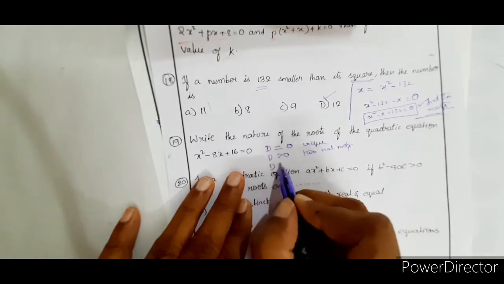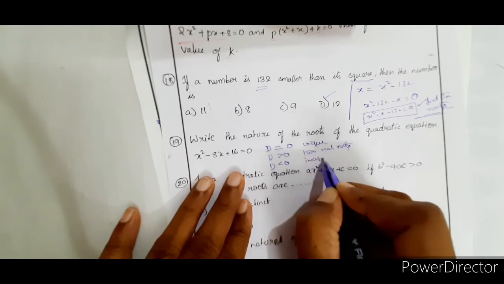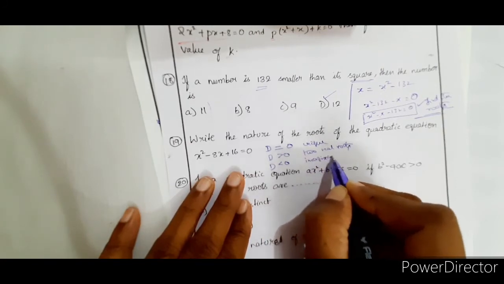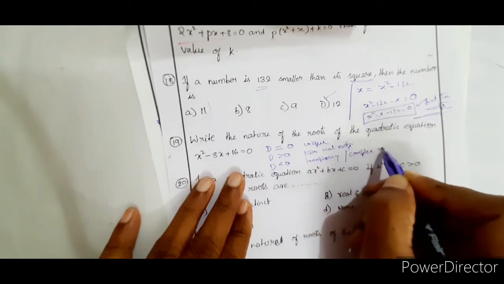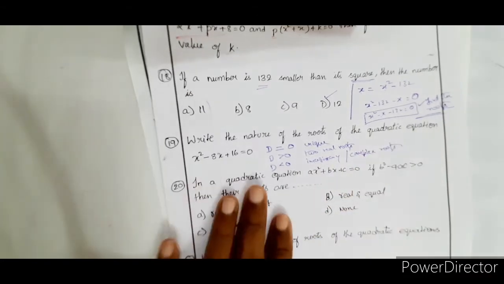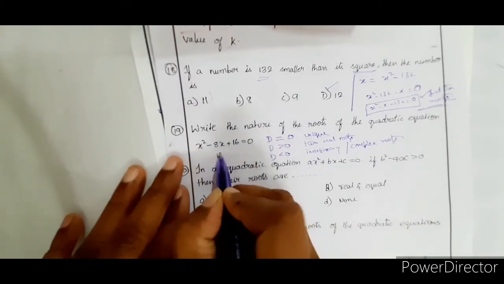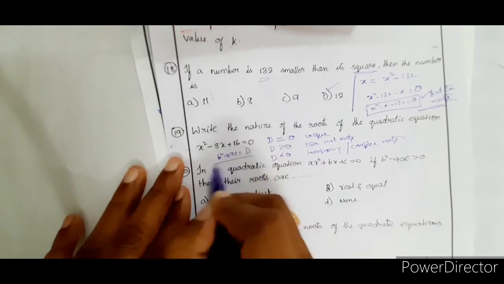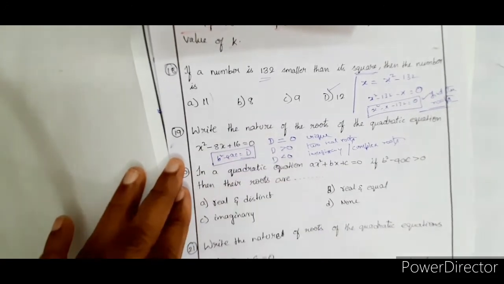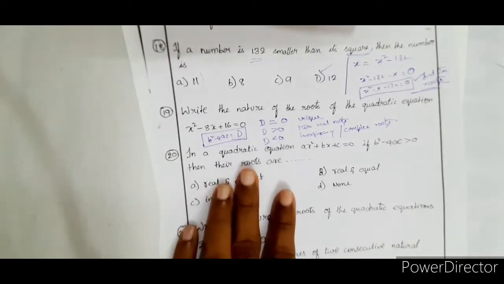And if D is less than 0, imaginary, or sometimes the same thing is called complex roots. So this is how you will get it. Please check for the discriminant. What is the discriminant? b square minus 4ac is equal to D. Substitute in this and determine it. Same questions, so when there is something different, I will explain it.